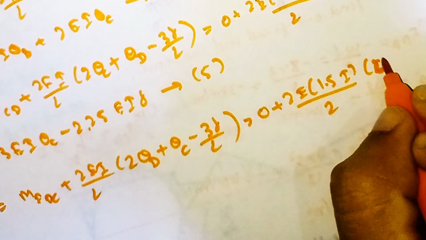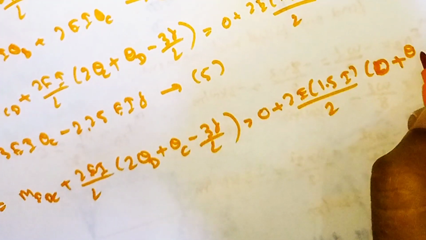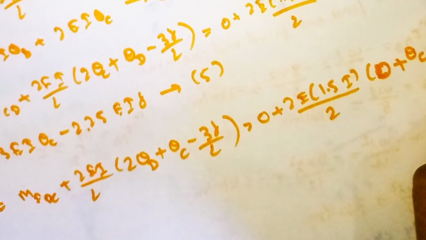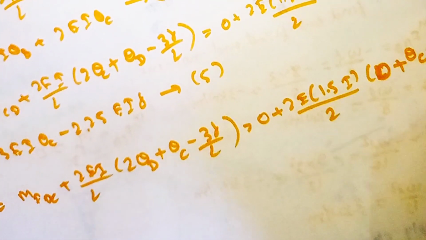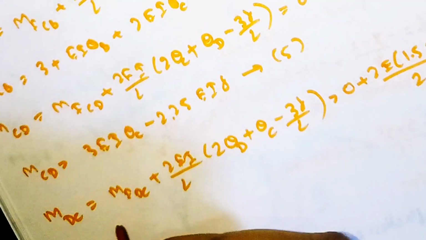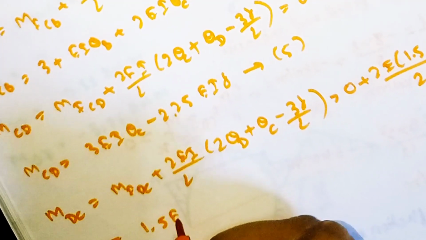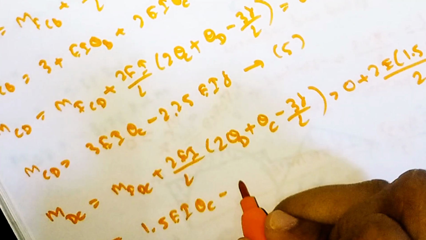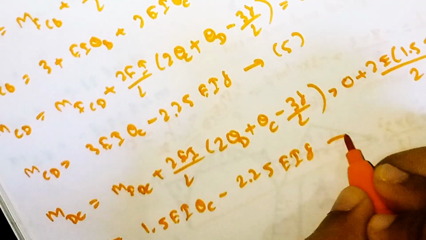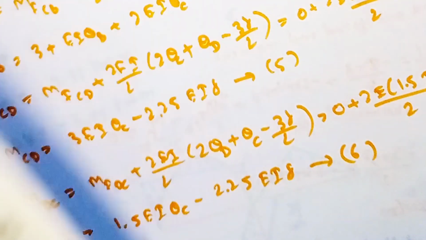The value becomes 0. Directly I am putting as 0. Theta C it has some value, so keep it as it is. Minus 3 rho divided by length is 2 meters. So put that value. So by simplifying it will come out as MDC is equal to 1.5 EI theta C minus 2.25 EI delta. So call it as equation number 6. So this is our second step.